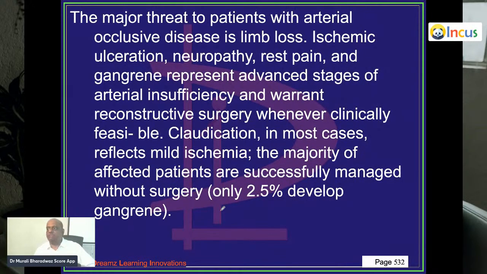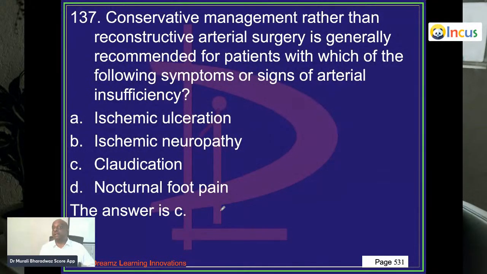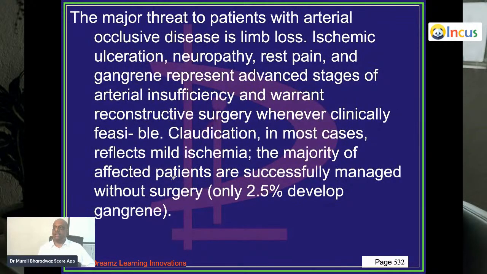So the main problem whenever there is thromboangiitis obliterans or arterial occlusive disease due to atherosclerosis is limb loss. So what are the signs of an impending loss of the limb and gangrene? Any ulceration, ischemic neuropathy, nocturnal foot pain. Those are the signs of advanced disease which you require to aggressively treat.